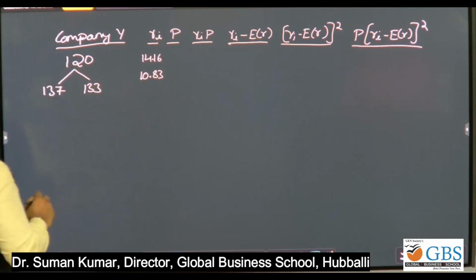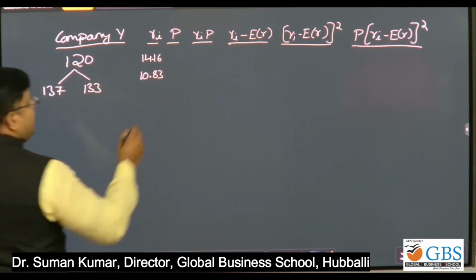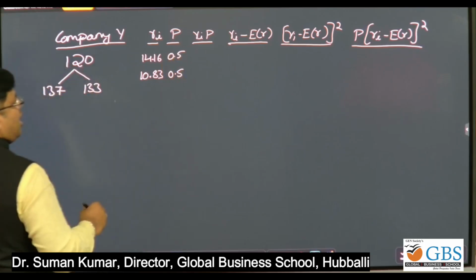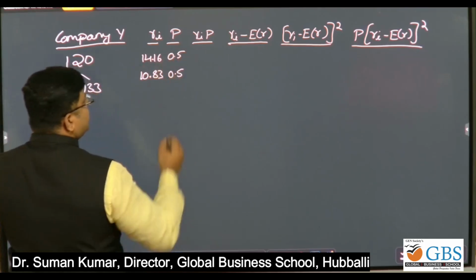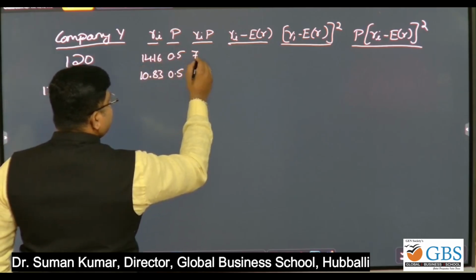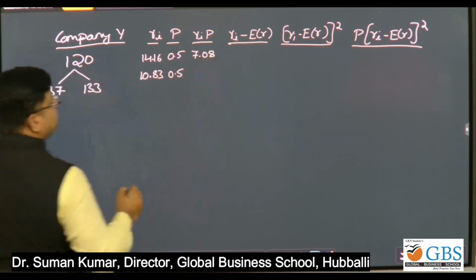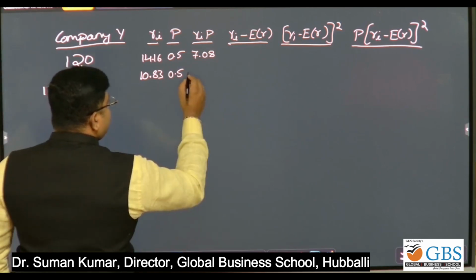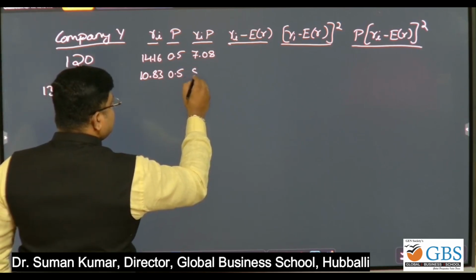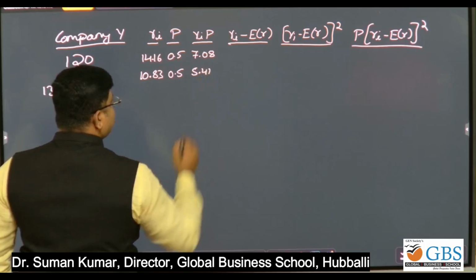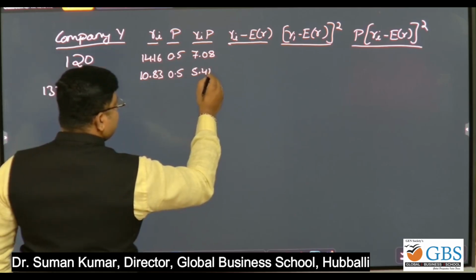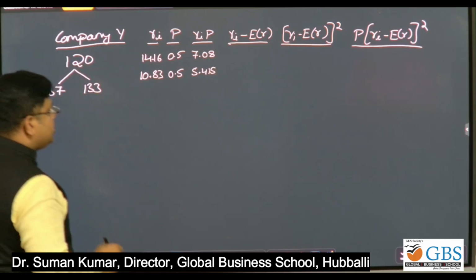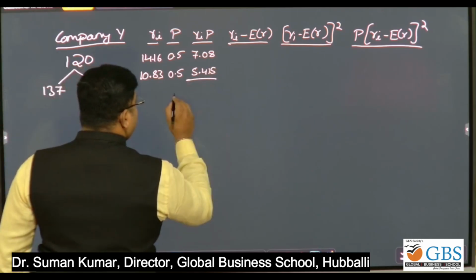We got 10.83. The probability 0.5 and 0.5. Ri into P, that is 7.08. What about this? 5.41. So what is the E of R?